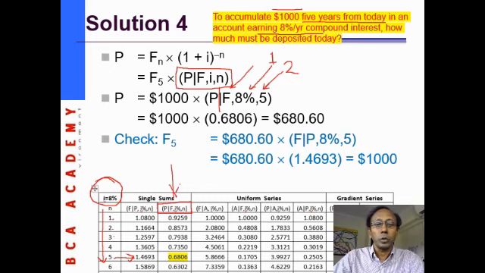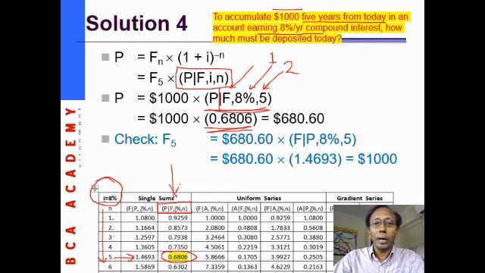So for the year of 5 years, you will end up with the cross section where the factor is 0.6806. Please note that factor is not the answer.